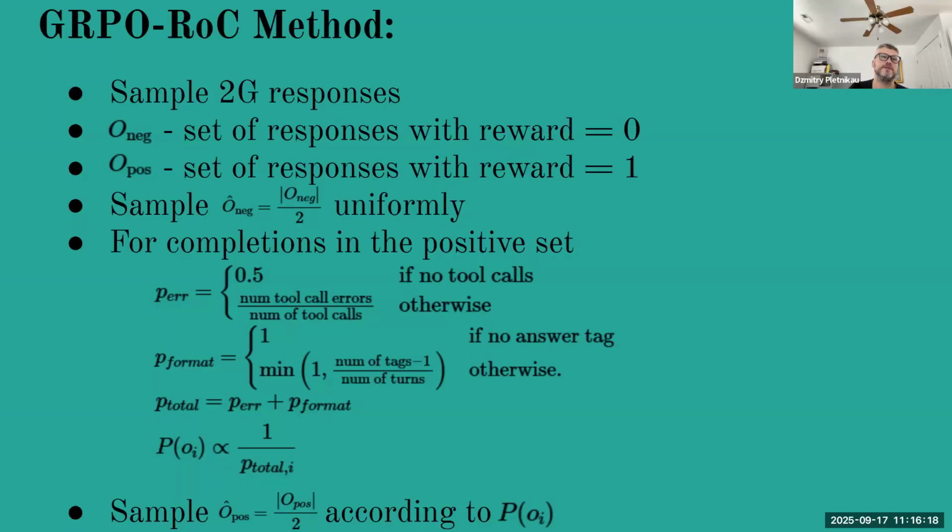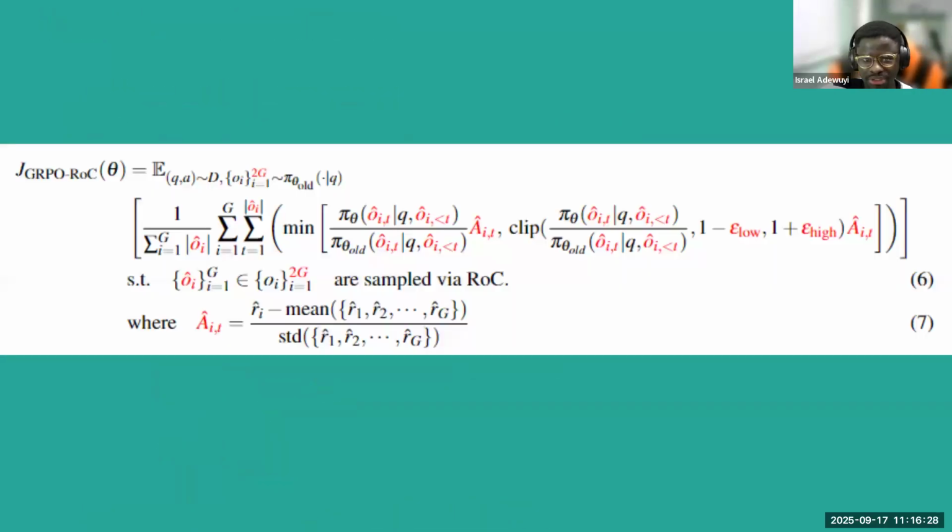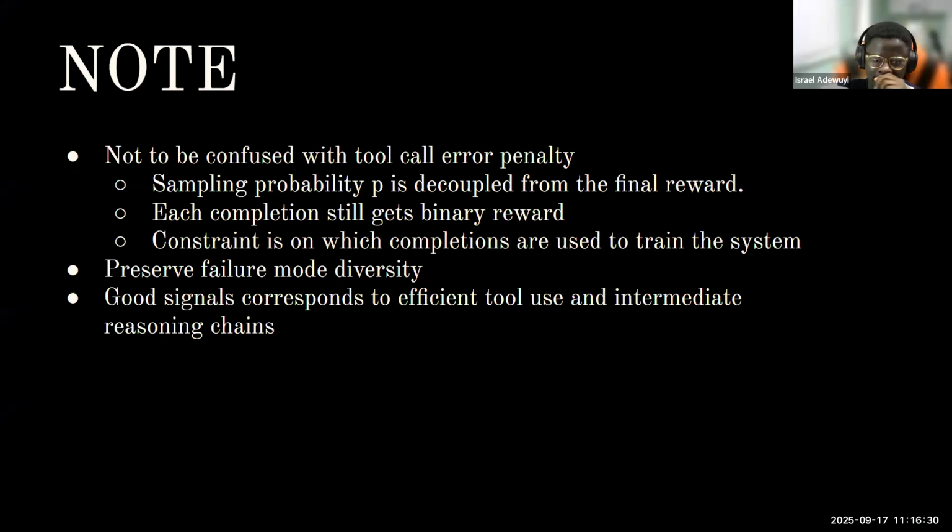So basically, with this scheme, it's very much like GRPO, except we kind of upweight positive trajectories. Exactly. They are still preserving the failure modes, all the different ways that the model can get zero reward, because they're sampling uniformly from the negative cases.